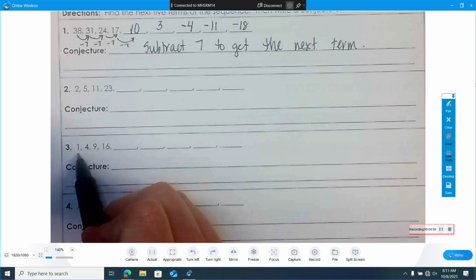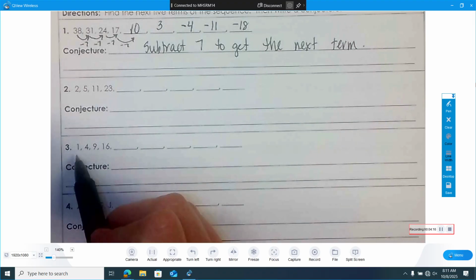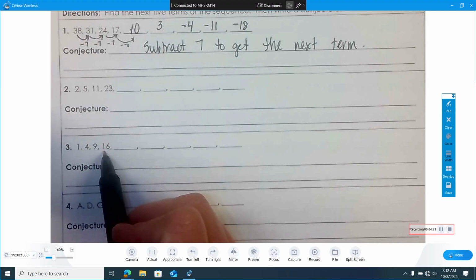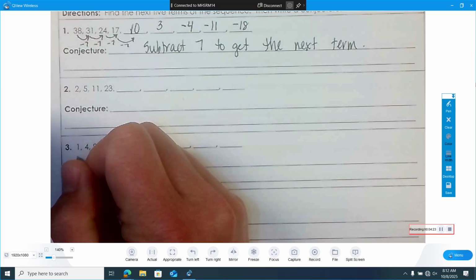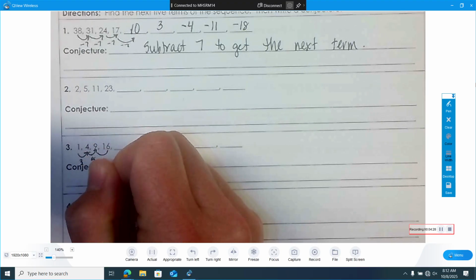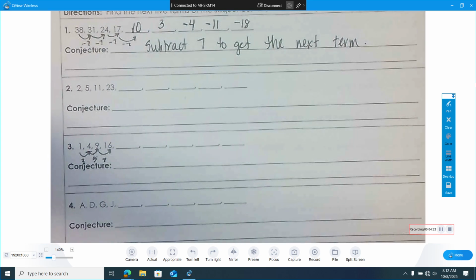Well, this first step is only going up by 3, but then here it's by 5, and then by 7. Okay, so it's going up by odd numbers. So 3, 5, 7, what would you expect the next one to be? 9.